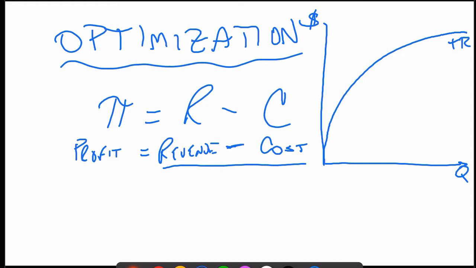And then we have a cost function, and our cost function looks something like, well, not exactly like that, but let's just take it like that. Our cost function is more strongly nonlinear than our revenue function. Our cost function is going to do stuff.